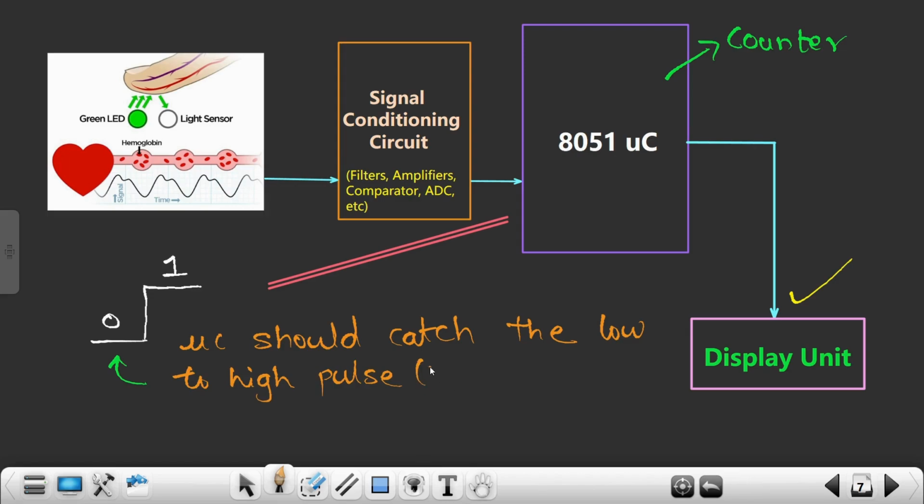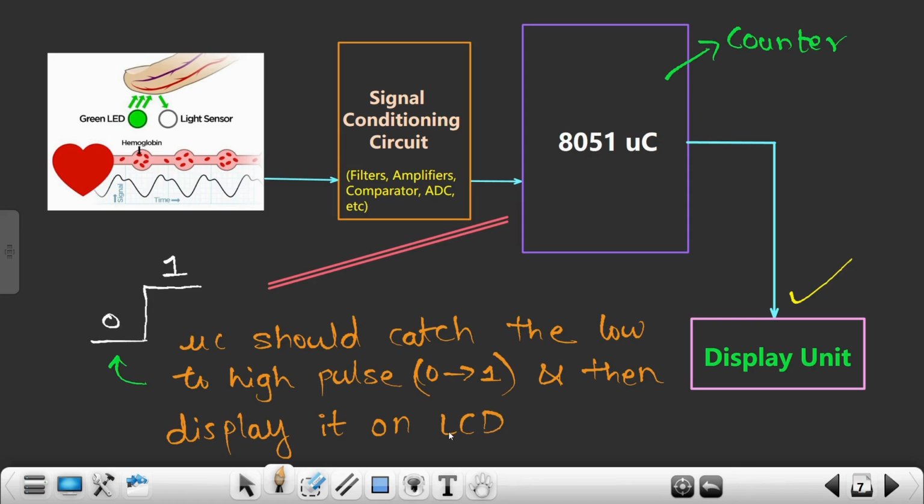My microcontroller will catch this 0 to 1 pulse and then display it on the LCD.